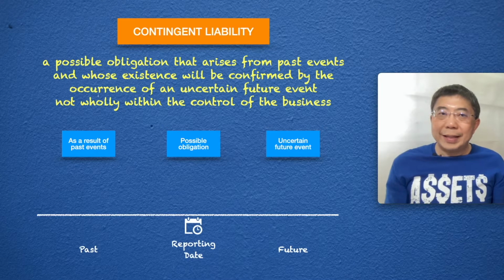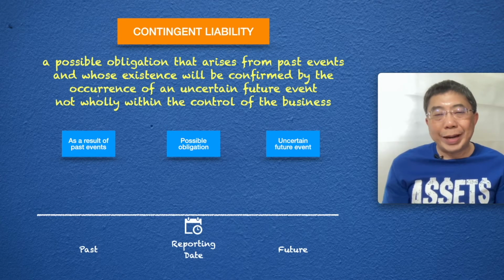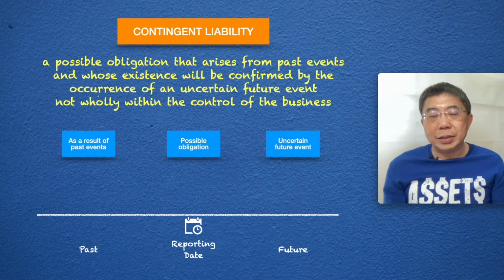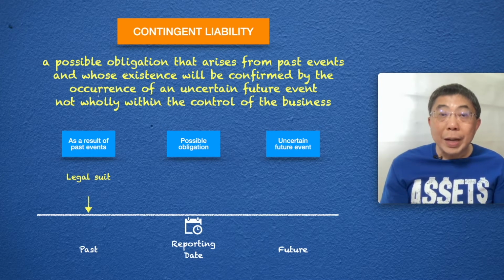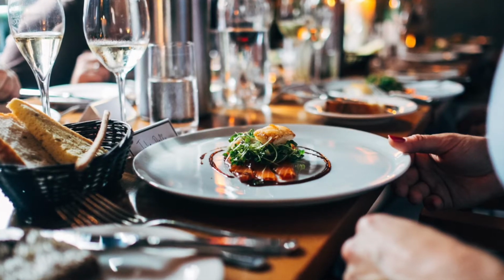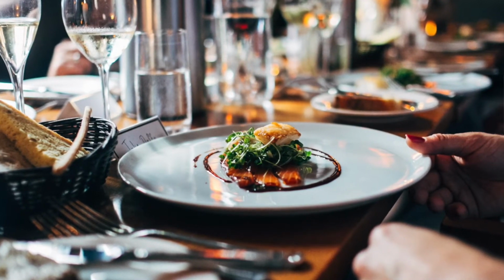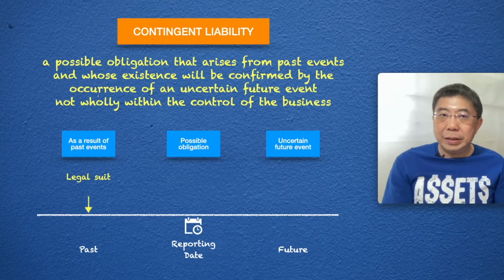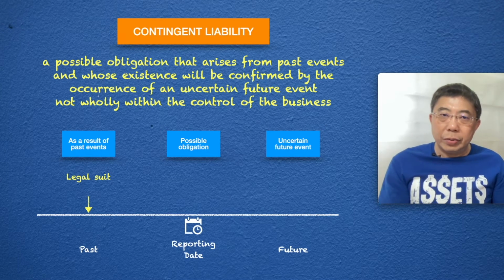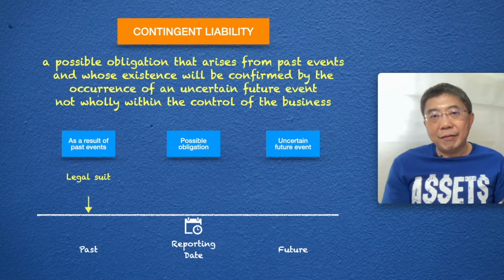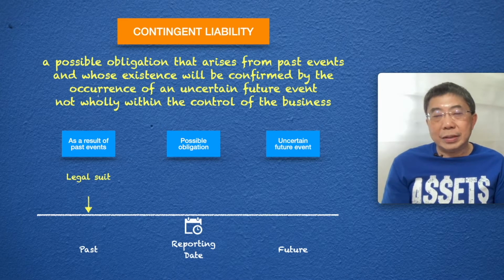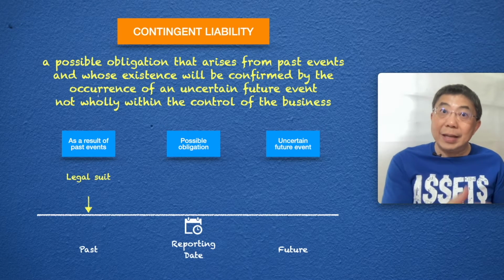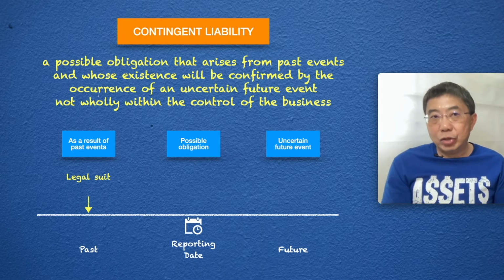Let's look at a simple example to illustrate what contingent liabilities may be. Let's say this business runs a food and beverage outlet, a restaurant, and a customer who had a meal in your restaurant in the past felt very ill, and as a result, the customer had lodged a legal suit against the business for negligence.